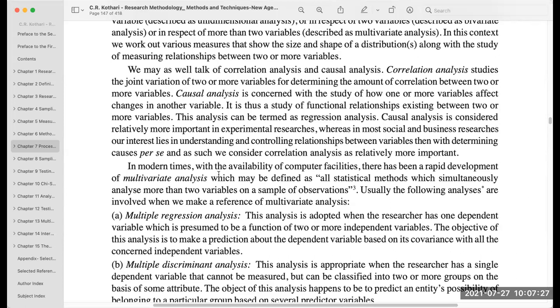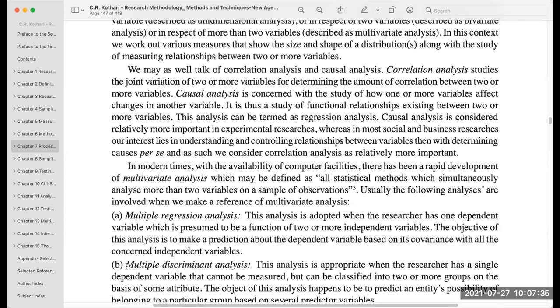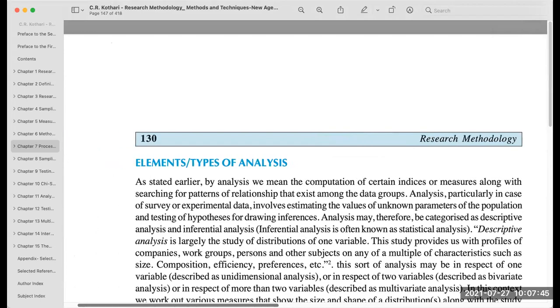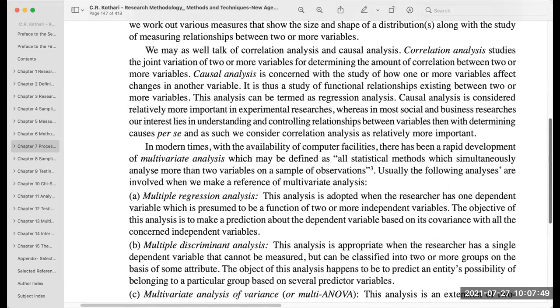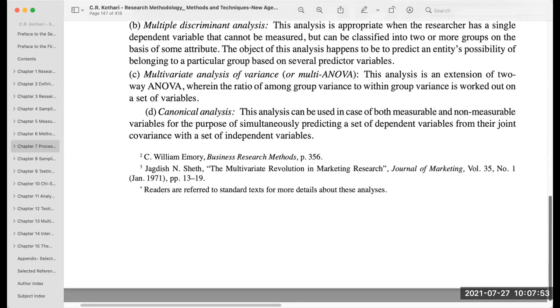Or for the multivariate, we can go for multiple regression analysis, multiple discriminant analysis, and these kinds of analysis are available in the statistical analysis of data. Okay. ANOVA, canonical, like that.